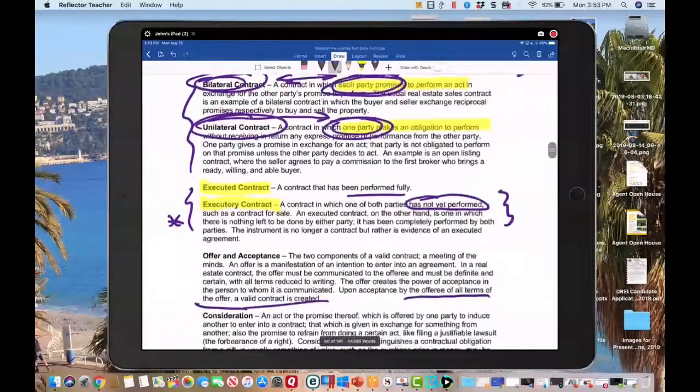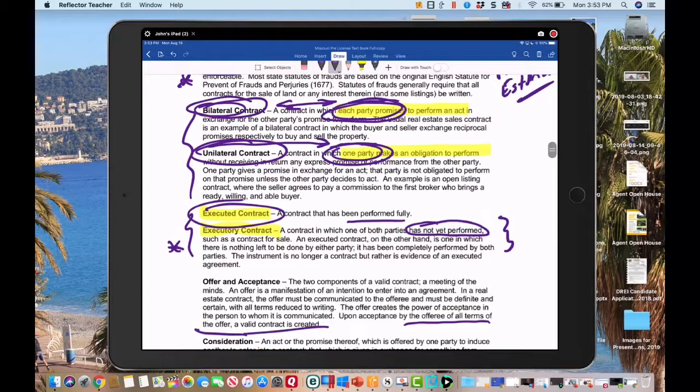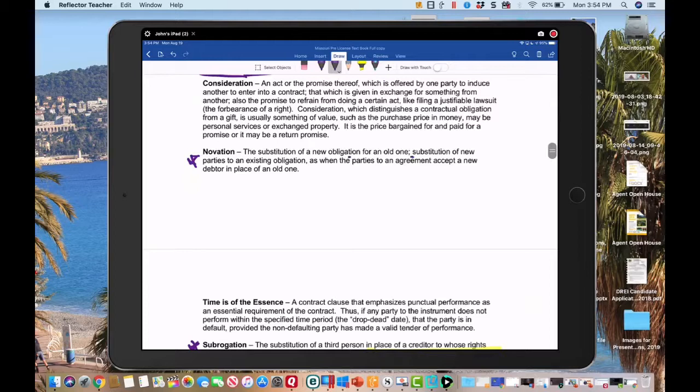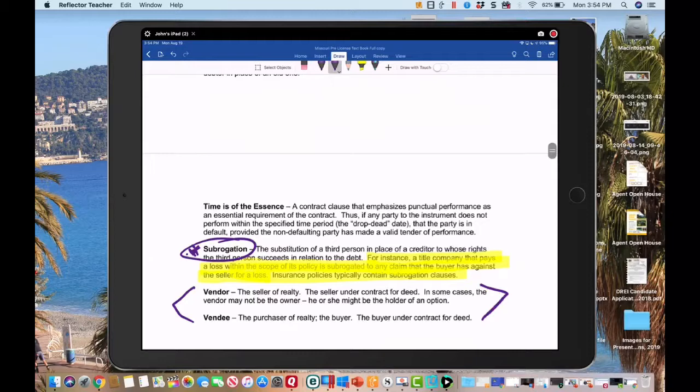Make sure you understand executed contract, fully performed. Executory, not yet performed, something still missing. And then novation, we talked about substitution of a new obligation or a new party to an existing obligation. And then subrogation, we just wrapped up.